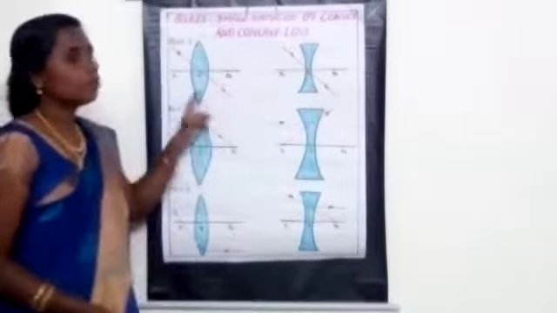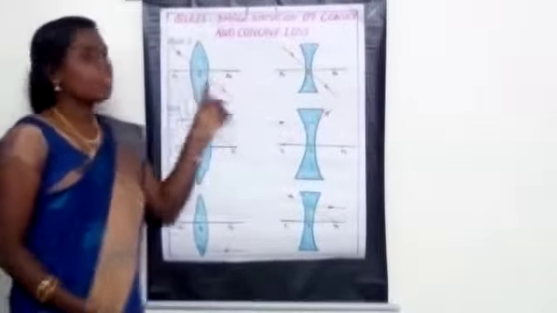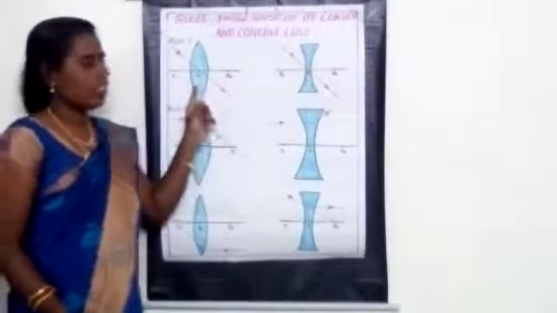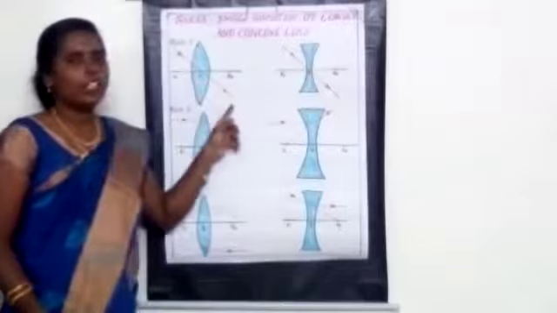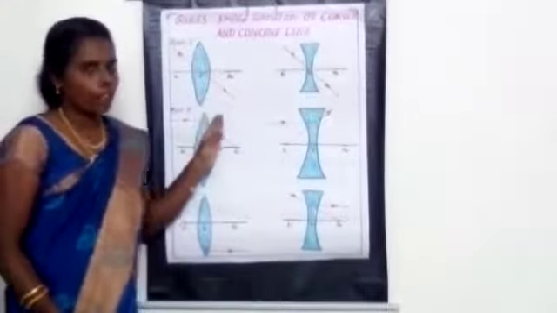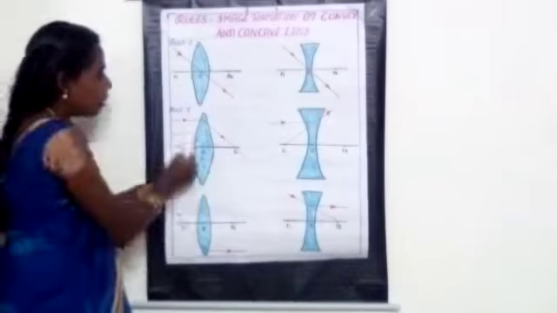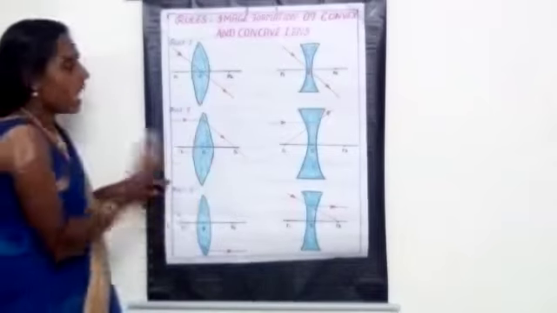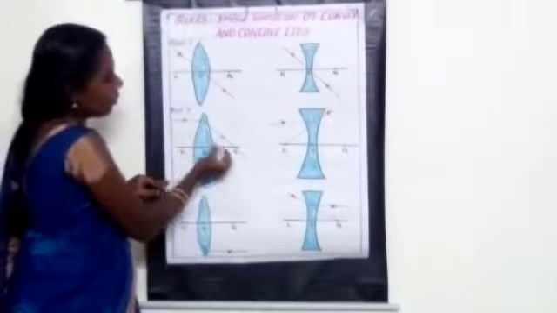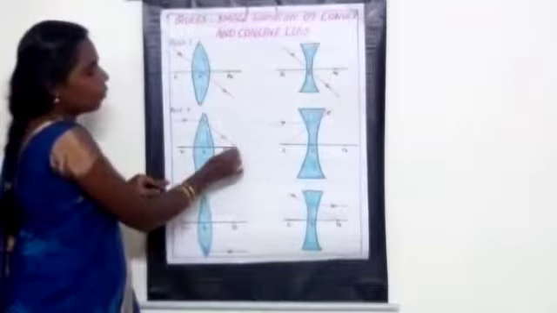So what is the first rule? When the ray of light passes through the optic center without any deviation, it continues along the same path. The second rule: the ray parallel to the principal axis, after refraction, passes through the principal focus.